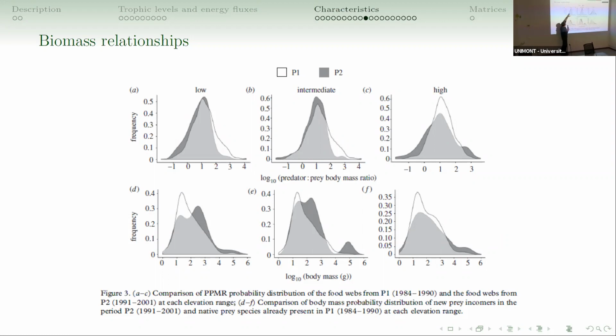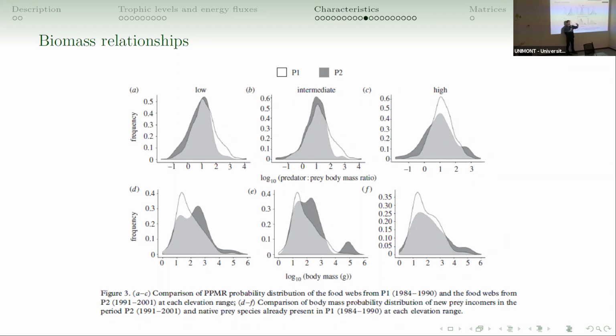All right. So you will agree with me that in period 2, so in the second decade of the study, these values are a bit lower, right? Yeah. So it could be due to two things. The relation between predator and prey would be explained either because preys are bigger or predators are smaller, right?